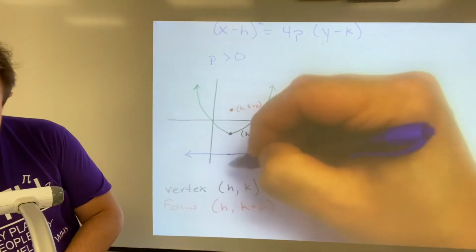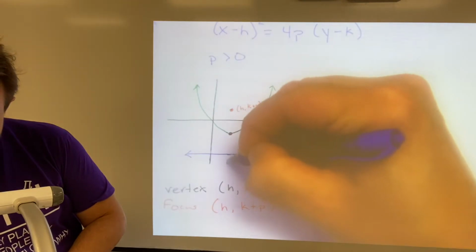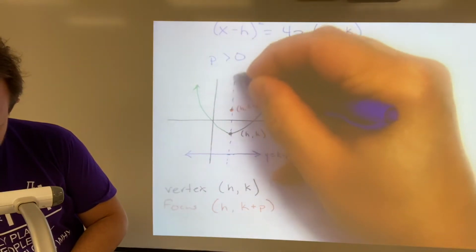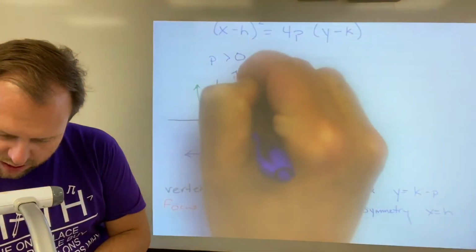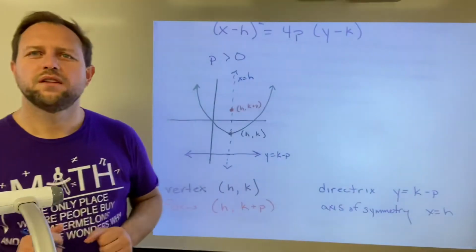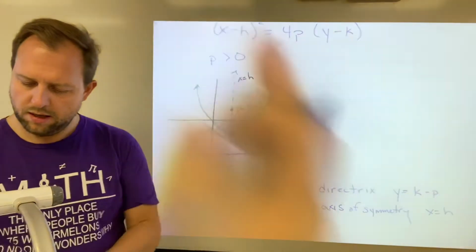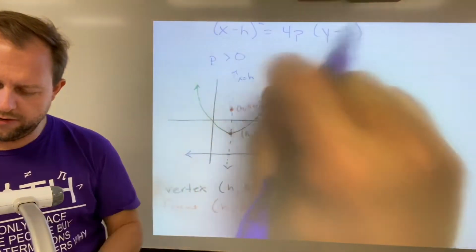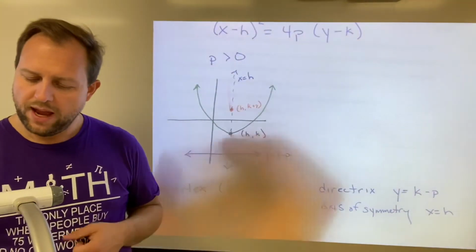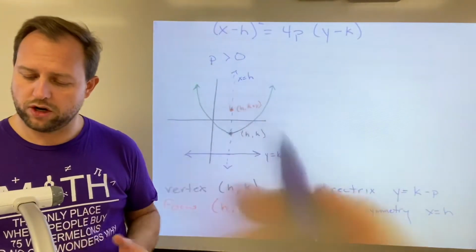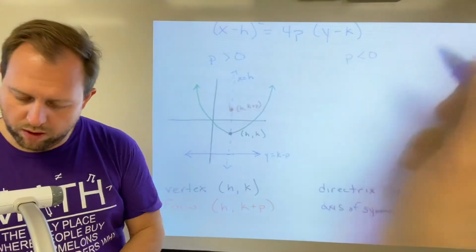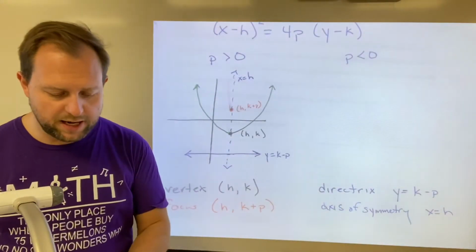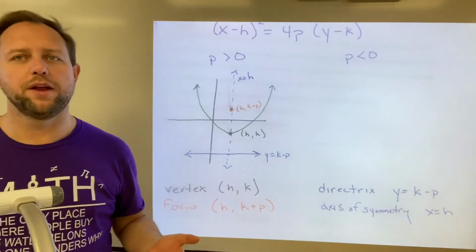So our axis of symmetry is going up the center of the parabola sketch. Okay? And that's for p greater than 0. It opens up. If p is less than 0, then we have the exact same parts, except it's going to open down.